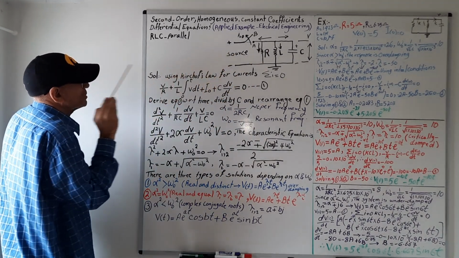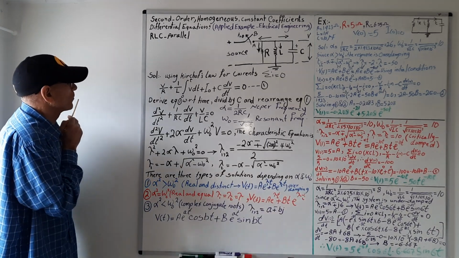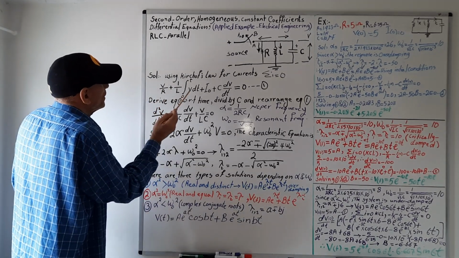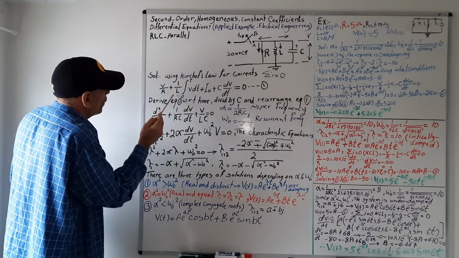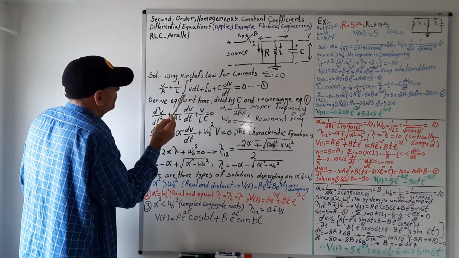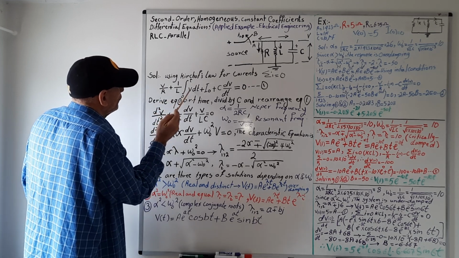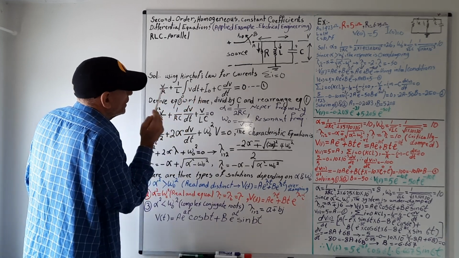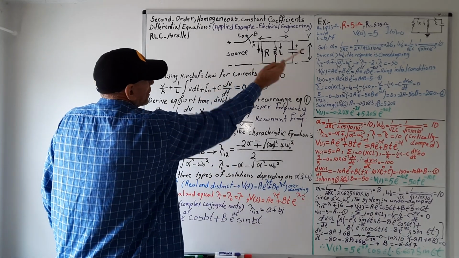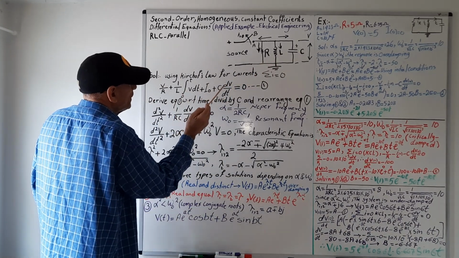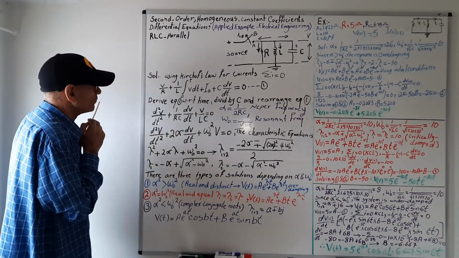The current through the resistance will be V over R from Ohm's law, plus the current in the inductor, which is 1 over L integration from time 0 to t of V dt plus I naught, the initial current, plus the current through the capacitor, which is C dV over dt, equals 0. This is equation 1.